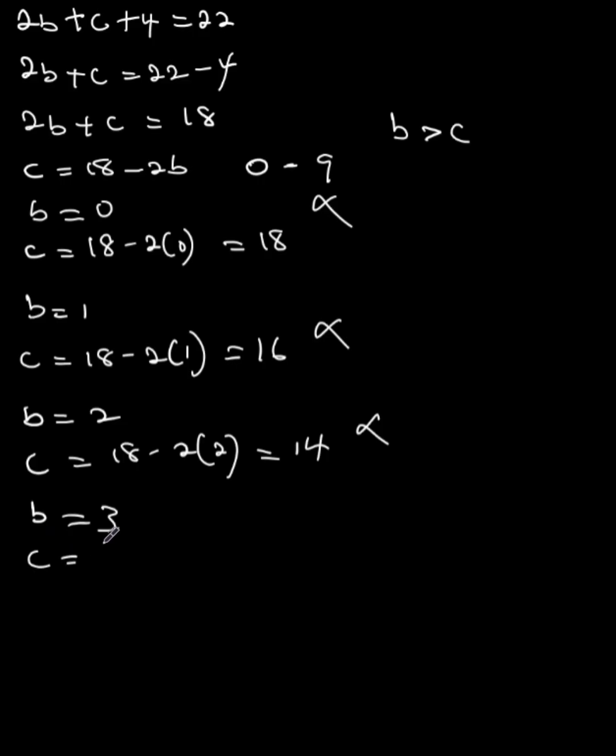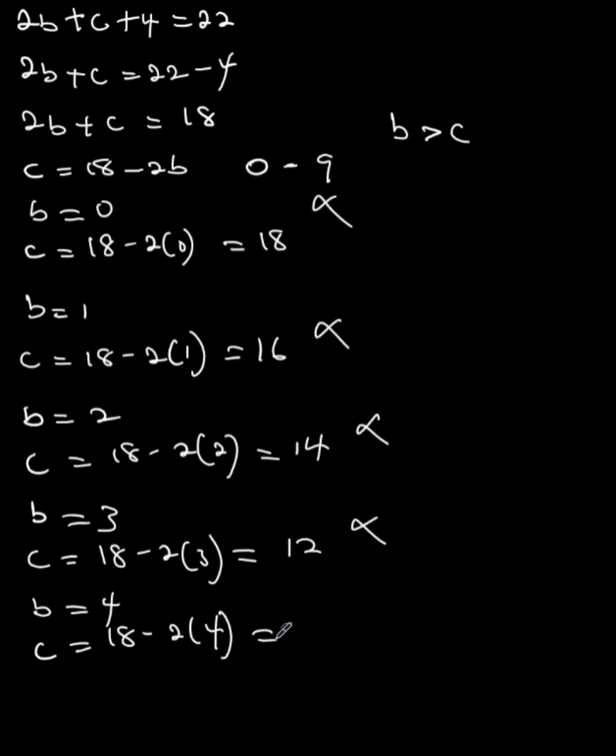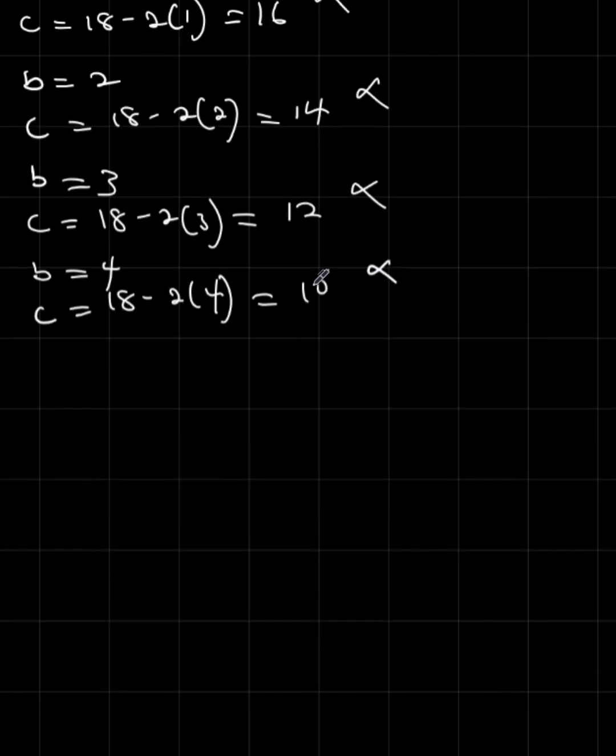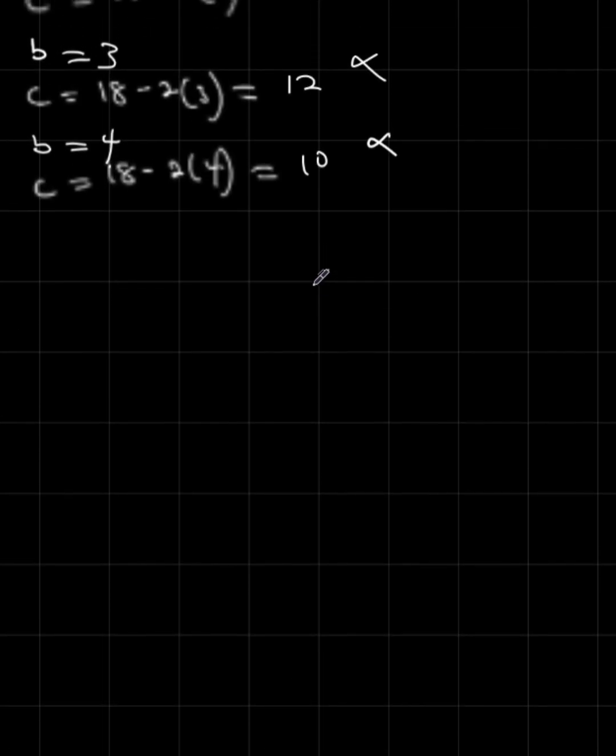We have C equals 18 minus 2 times 3, which is 12, because 2 times 3 is 6 and 18 minus 6 is 12. B is less than C, so it cannot be. So let's assume B equals 4. C is equal to 18 minus 2 times 4, which is 10. B is less than C, so B cannot be 4, and C cannot be 10.